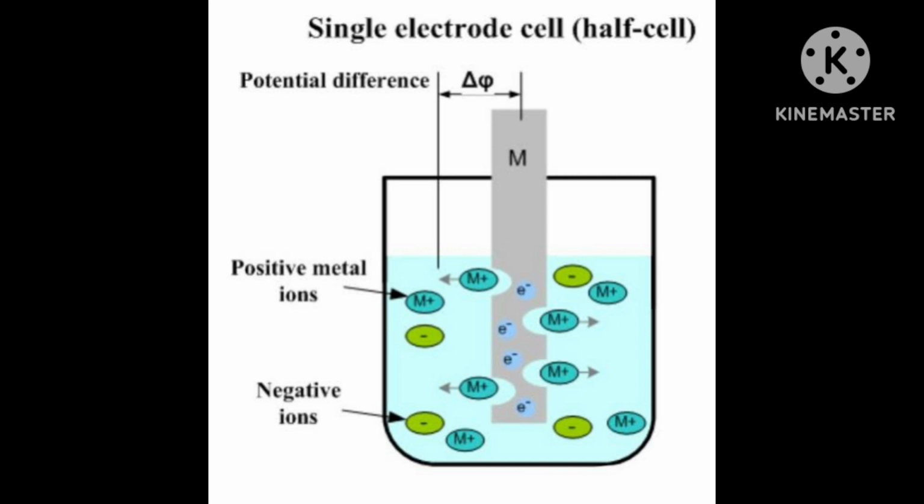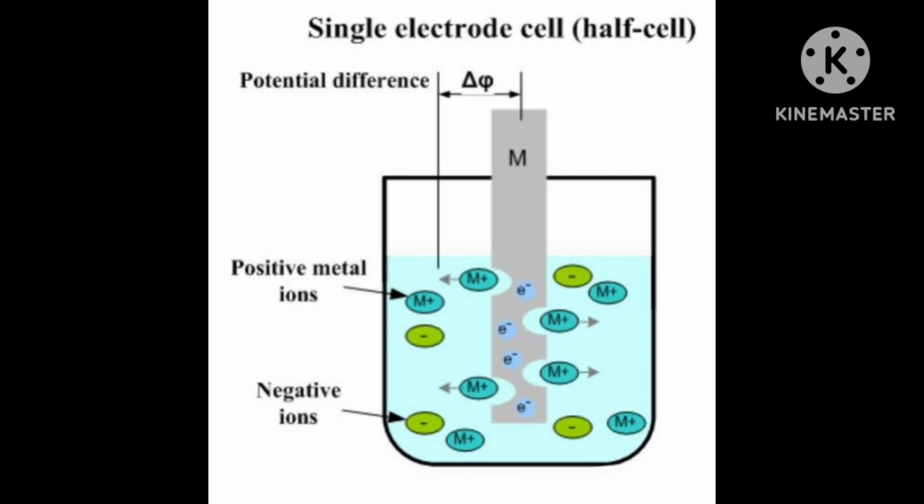This is the value of the reduction potential of Zn. Actually it was a plus oxidation potential, but the oxidation potential sign will be different, so the plus sign has been converted to negative. Now both are in reduction terms, the same currency. So for zinc it is minus 0.76 volt.